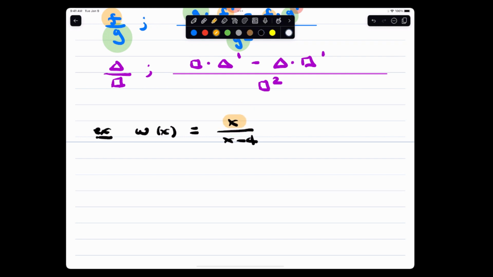The top function is f, and the bottom function is G. F over G. Okay, so they're going to say now, determine W prime.